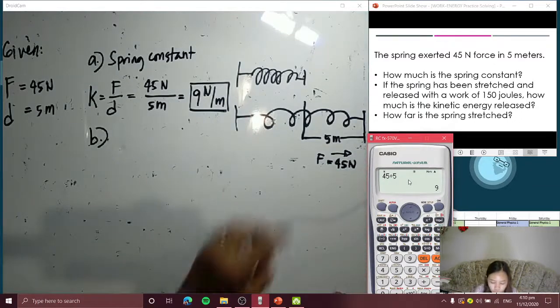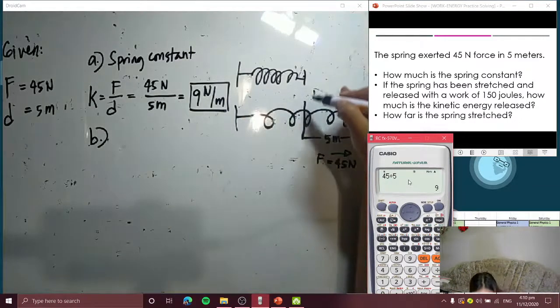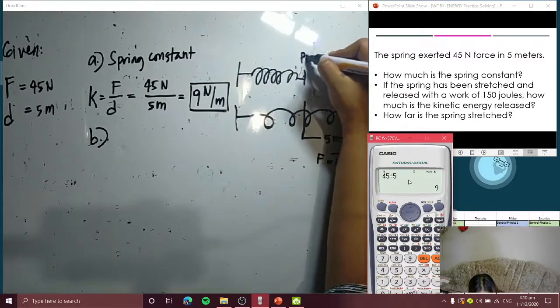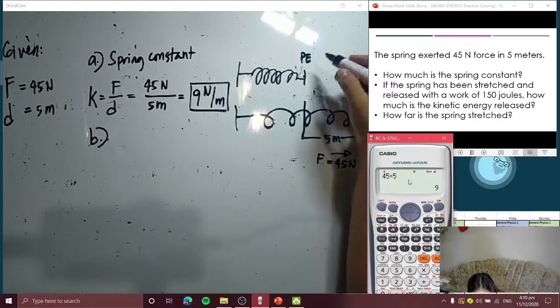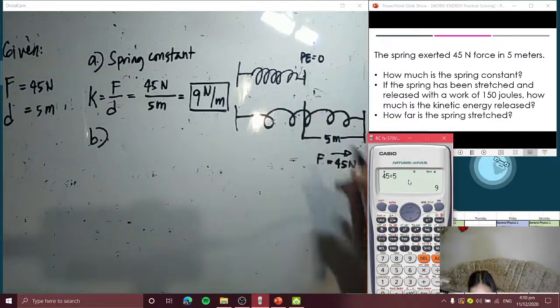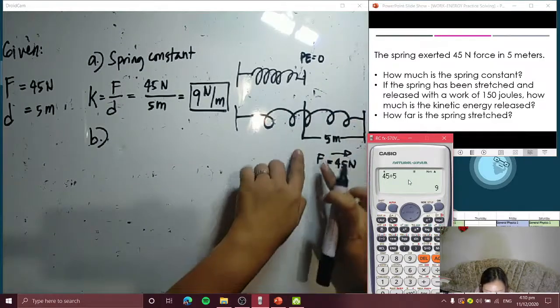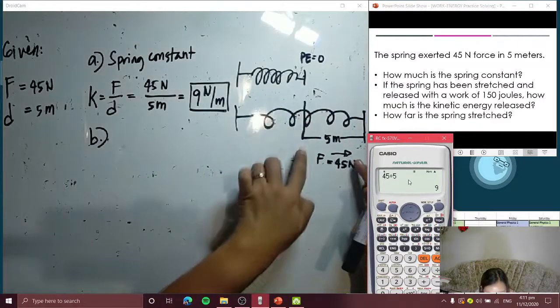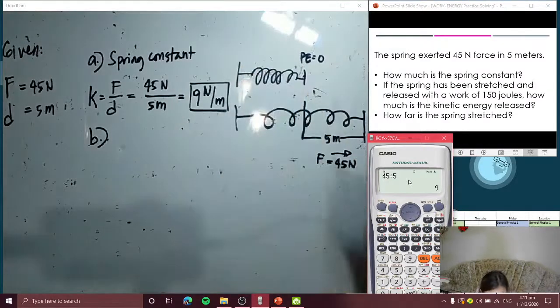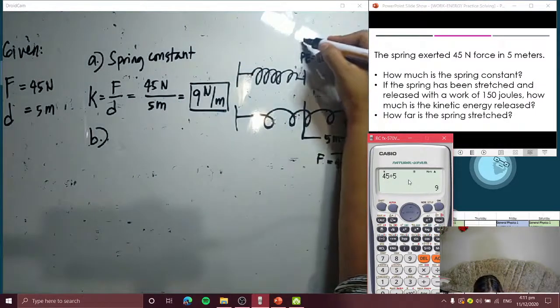Now, take note, halin diri sa equilibrium, ang iya nga potential energy is equal to 0, kay wala pa siya may distance. Pero kay 0 iya PE, may value ang iya nga KE.